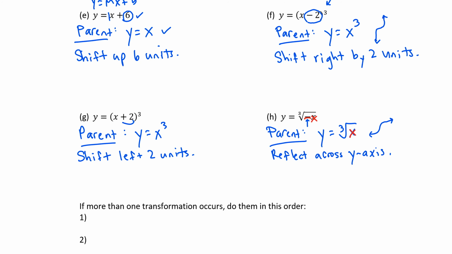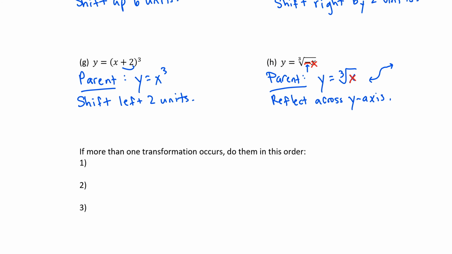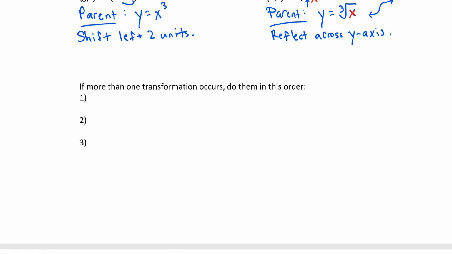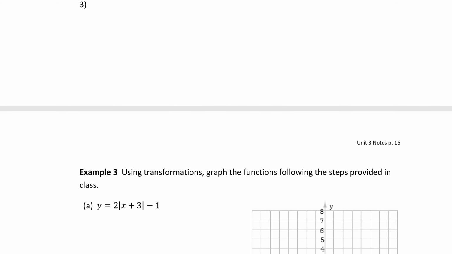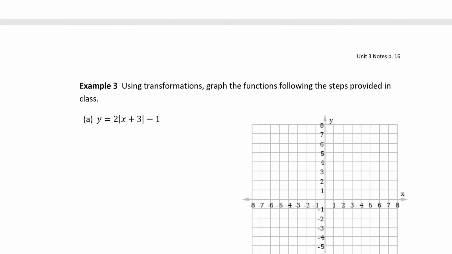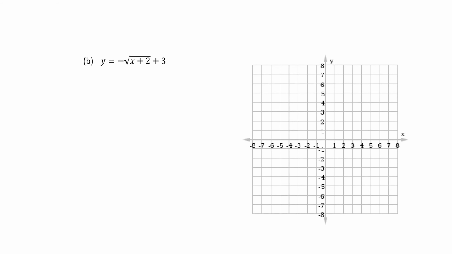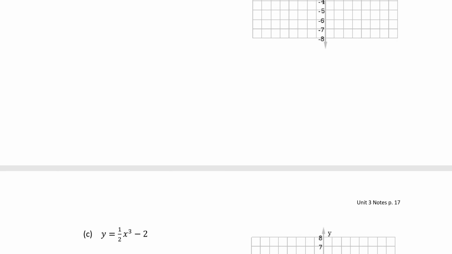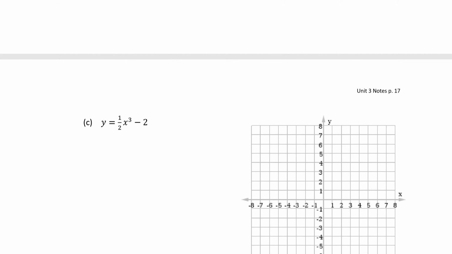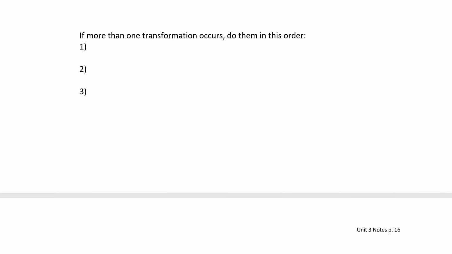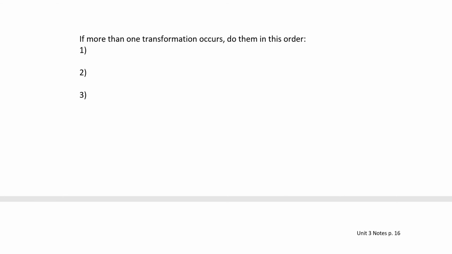Okay, so now that we have recognized parent functions, we have a basic idea of their graphs, and now we know what the transformations are, we actually want to apply these to graphing more complicated functions. In some cases, if you glance down here at these examples, you've got more than one transformation on one function. So what we want to do is recognize the parent function, and we want to figure out what all the transformations are and then execute them in the proper order.